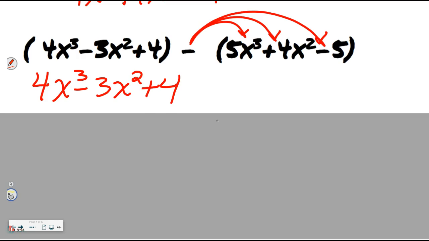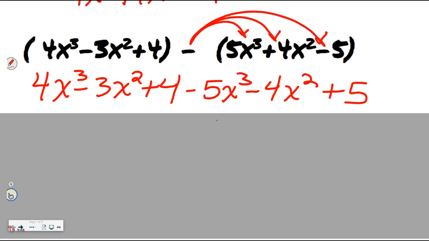All right? For the second one, remember, some teachers teach to add the opposite, some say to hop it in, and you guys all have like 3 different teachers, so whatever you're more comfortable with, but just remember, if you have 2 negatives, you make it a positive. So that one's going to stay negative, this one's going to stay negative, but the last one, when we have the double negative, will become a positive.